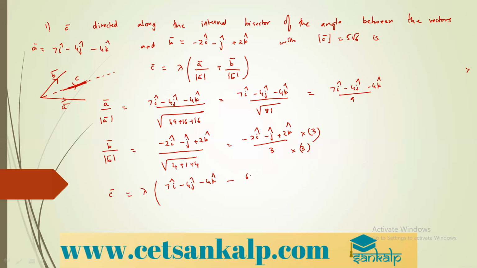So I have minus 6i minus 3j plus 6k, and then the denominator is 9. So this is lambda into i minus 7j plus 2k by 9.